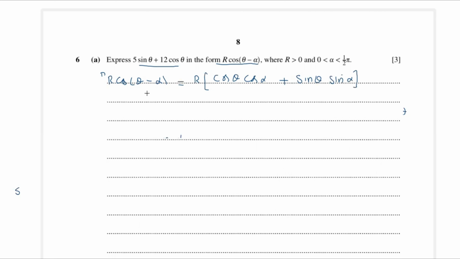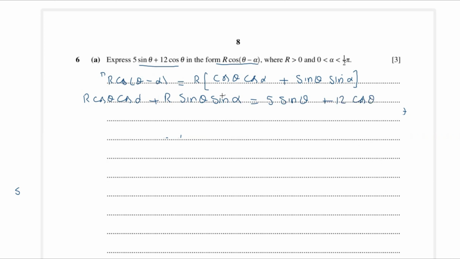So r cos of theta minus alpha is r cos theta cos alpha plus r sine theta sine alpha. That will be equal to 5 sine theta plus 12 cos theta.